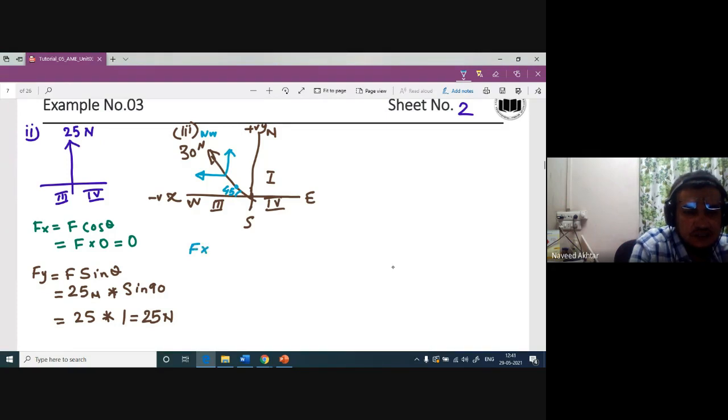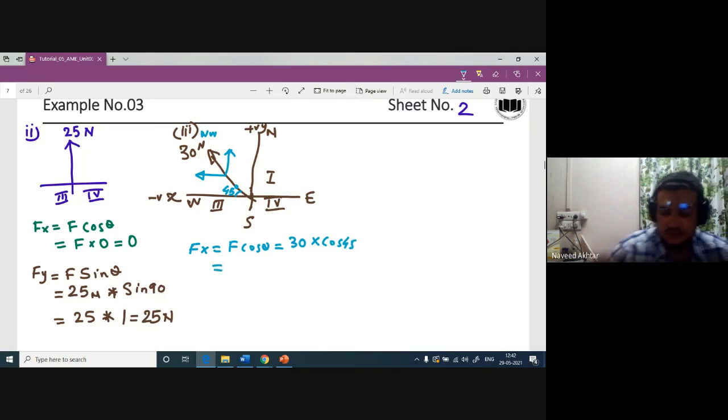Fx will be F cos theta, that is equal to 30 Newton and cos 45. Cos 45 is root 2 over 2, which is 0.707.